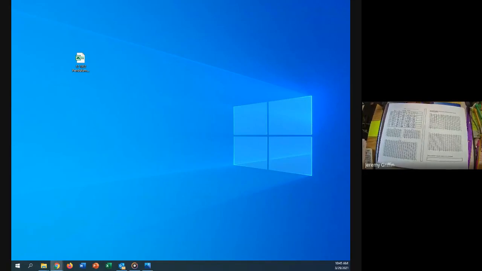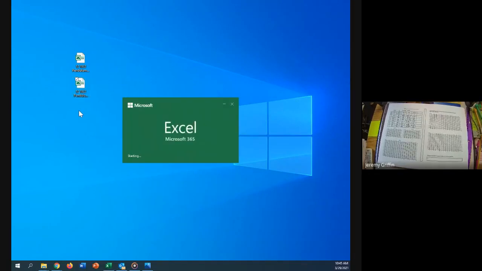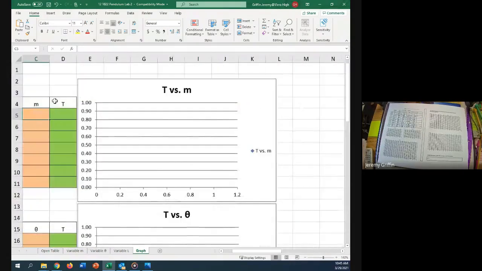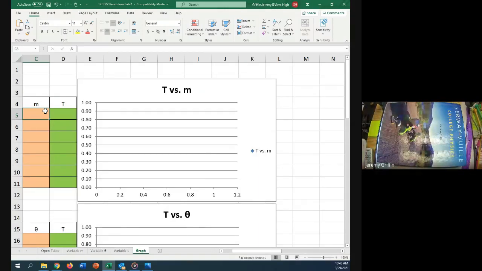We want to do this one right here. We're on the graphs: time versus mass. The masses went 100 grams, 200 grams, 500, 1,000, 50, 20, and 10.